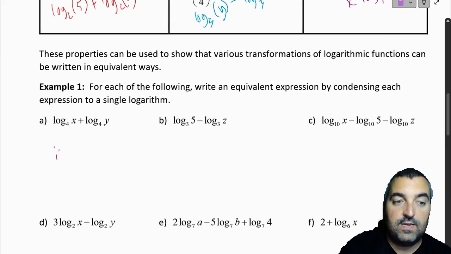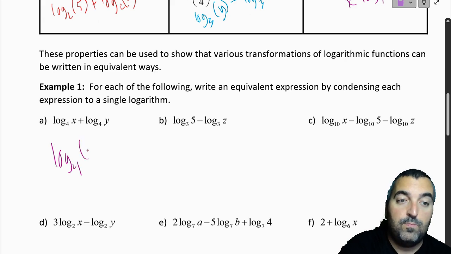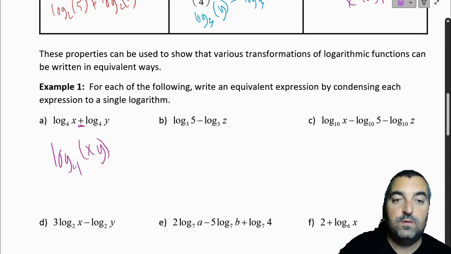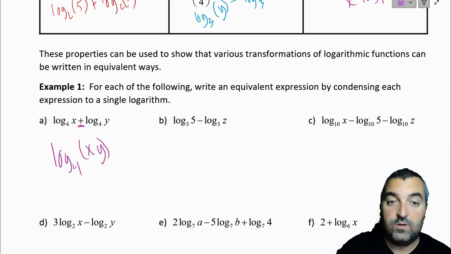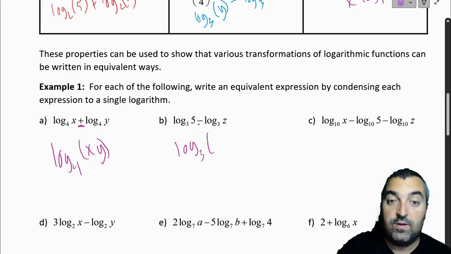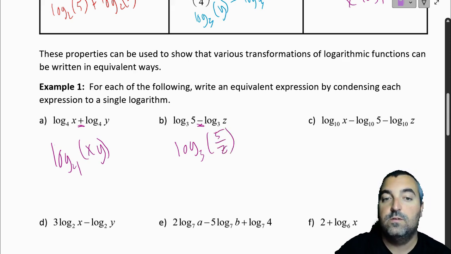That means I can rewrite this as log base 4, but then I have x times y on the inside because it was addition. Okay, and we can crank these out real quick. So here, log base 3, because that's what the bases are, but now we have subtraction, so it's 5 over z. And there you go.